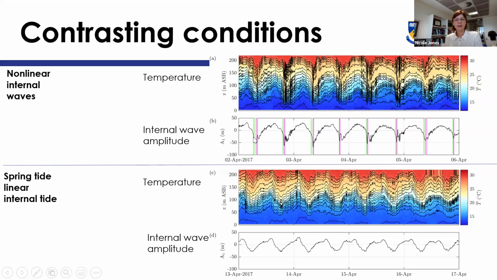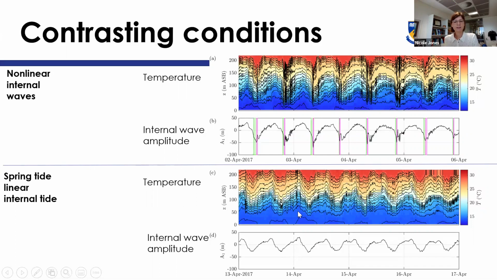And these green and pink colours are just indicating, for each of the leading waves in these packets, the before peak amplitude and just after peak amplitude is reached. This is something we use to compare these two phases of the waves later on.